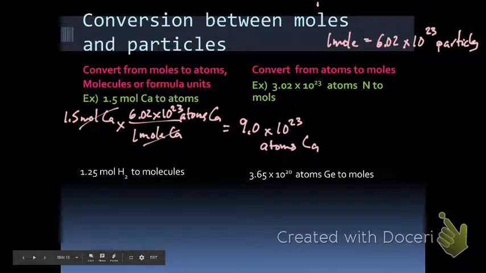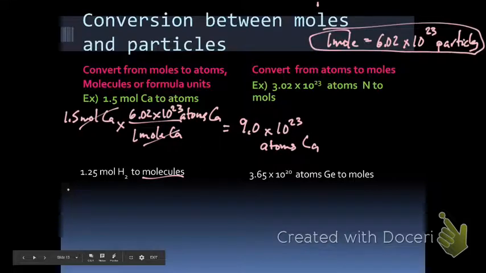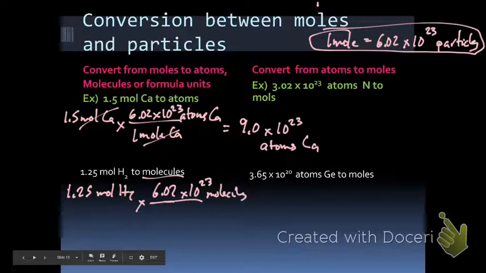All right, what about 1.25 moles of H2 to molecules, right? Molecules is something we can count. So we're going to use this as, again, so we'll say 1.25 moles of H2 times 6.02 times 10 to the 23rd molecules of H2 over 1 mole of H2.